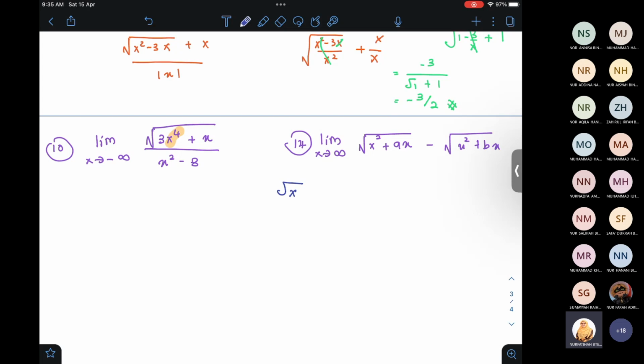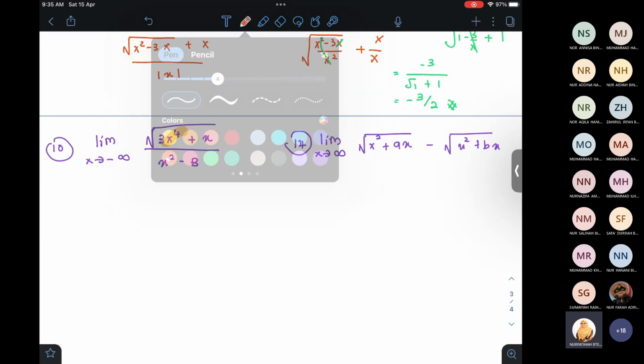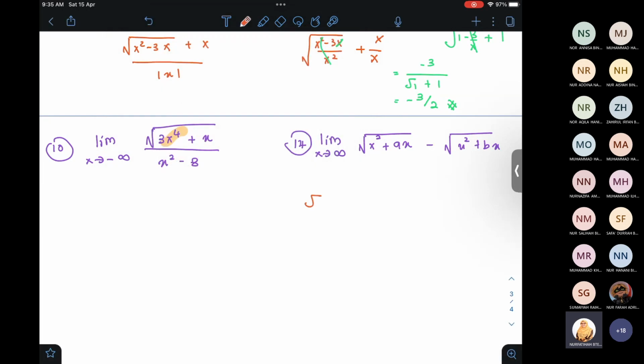Okay, here we know the modulus of square root x to the power of 4 is equal to what? The square root of x to the power of 4 is the modulus of x to the power of 2.